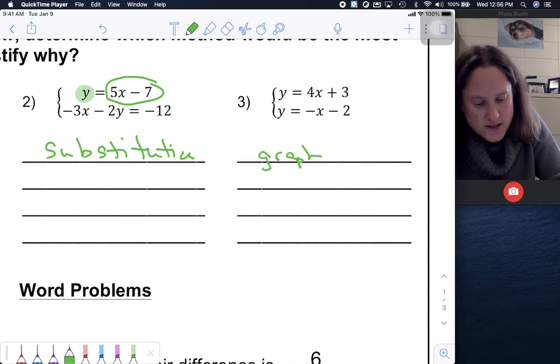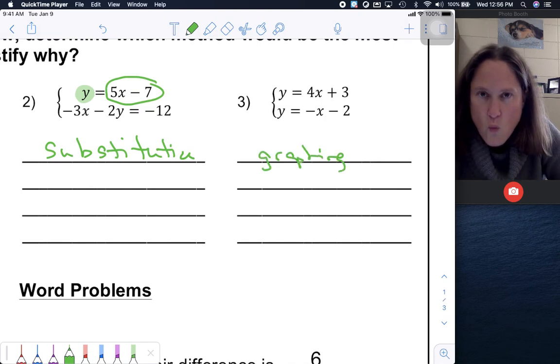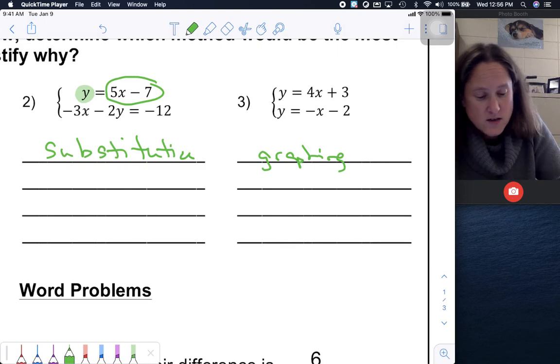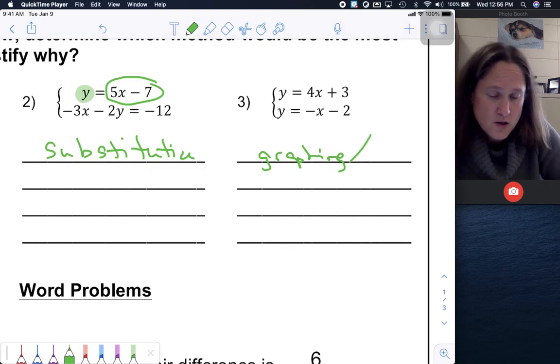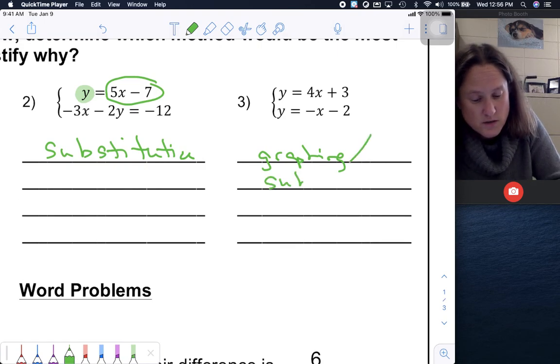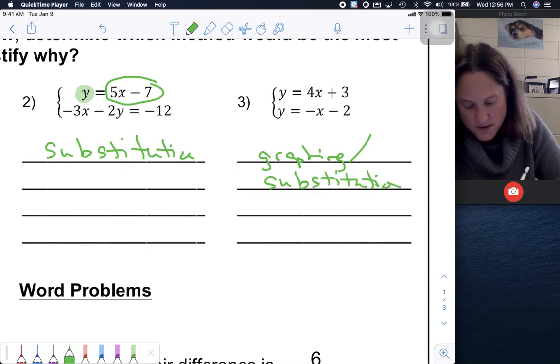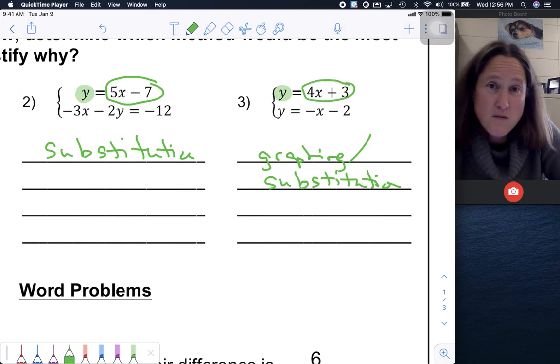And just like I just got done saying, because it's in the form y equals mx plus b, I don't have to do any of the work to get it there, so I might as well just use that. Another technique or method you might use there is substitution. And again, that is because not only is one of these equations solved for x or y, they both are. So I would just go ahead and take one of those and substitute it into the other.